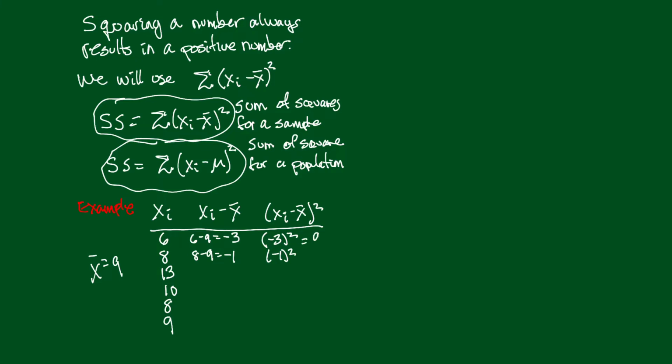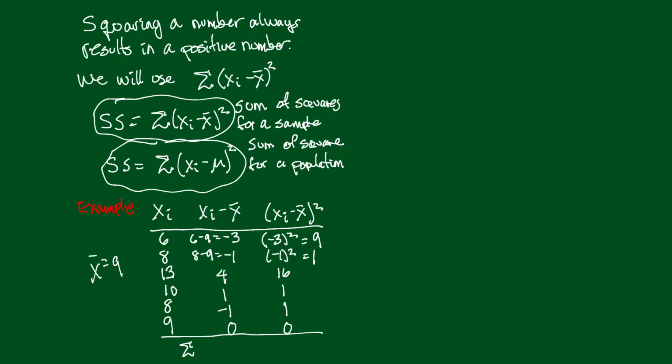Negative 3 squared is 9. 1 squared is 1. 13 minus 9 is 4. 4 squared is 16. 10 minus 9 is 1. 1 squared is 1. 8 minus 9 is negative 1. Negative 1 squared is negative 1 times negative 1, which is 1. And 9 minus 9 is 0. 0 squared is 0.